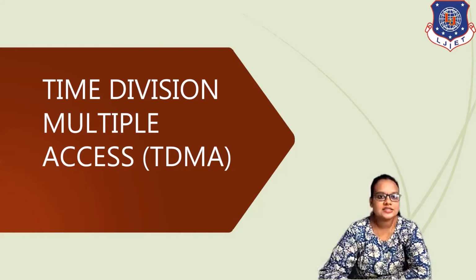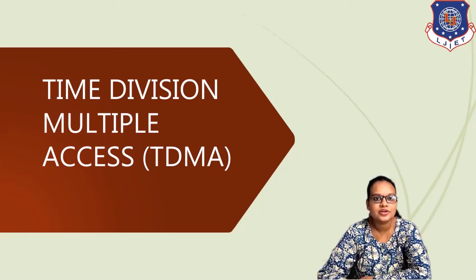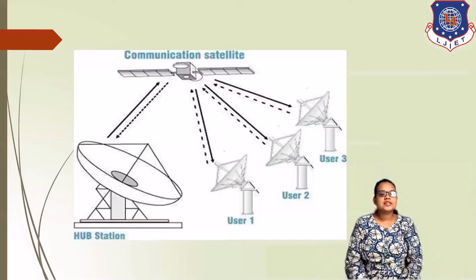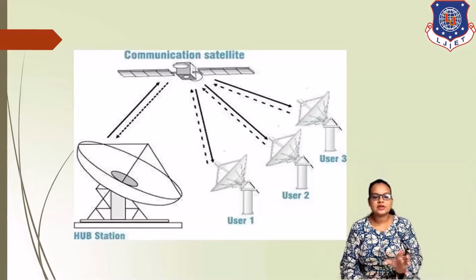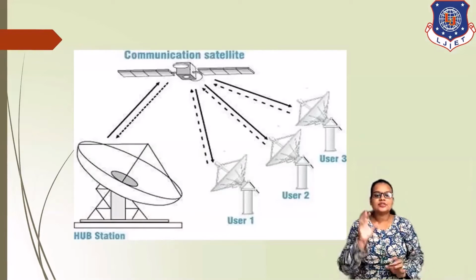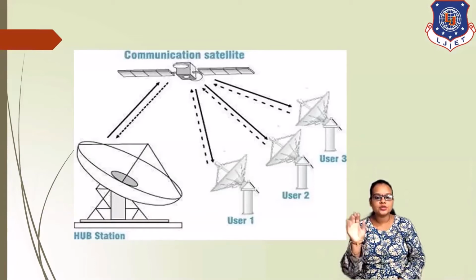So let's discuss what TDMA is, how it works, and what the different uses, advantages and disadvantages of the TDMA system are. Now, as you can see in this diagram, this is the whole TDMA system, in which there is one hub station on the left side of the figure, and three users with different antennas: user 1, user 2 and user 3.